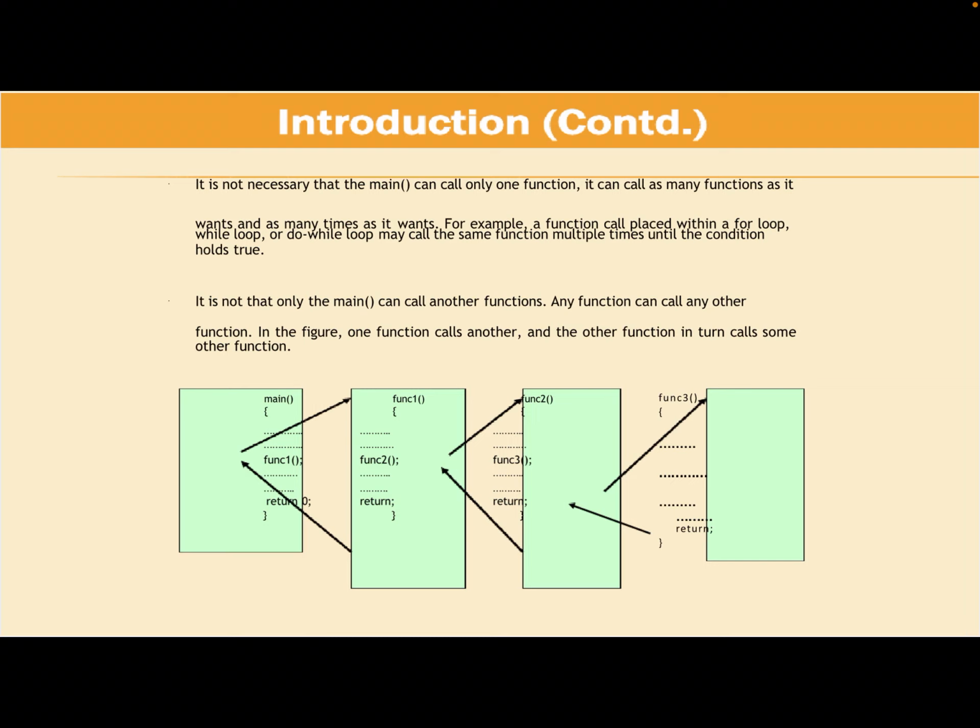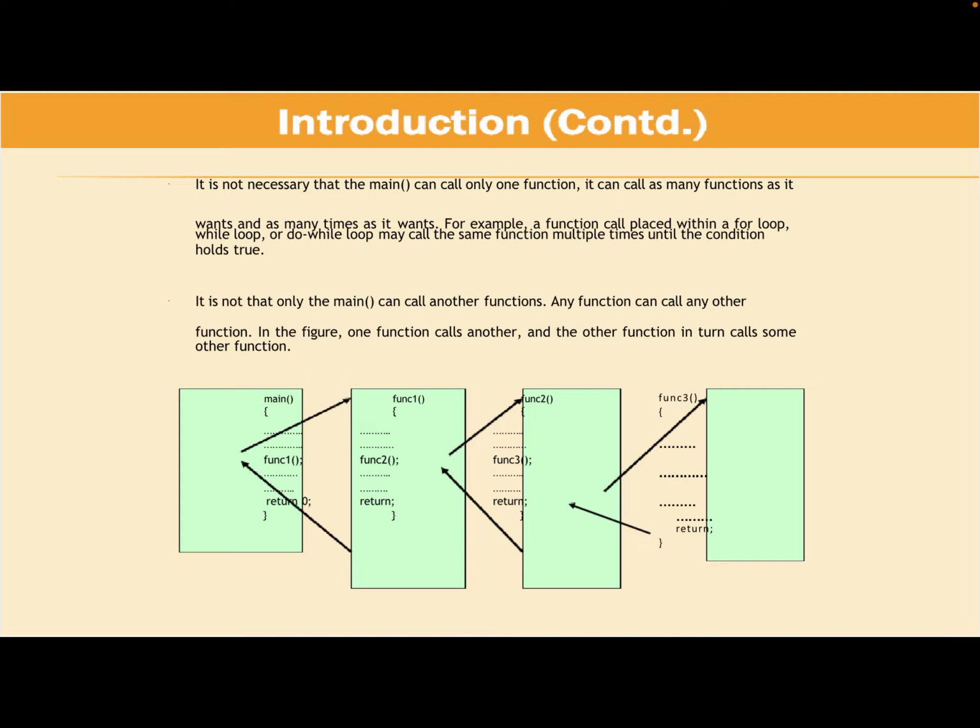Now coming to another important concept of functions. A main program can have multiple sub-functions which can perform different operations. The main function can call multiple functions within a stipulated instant of time. A main function can call function 1, function 2, function 3 and so on, or it can call a single function multiple times within a loop.